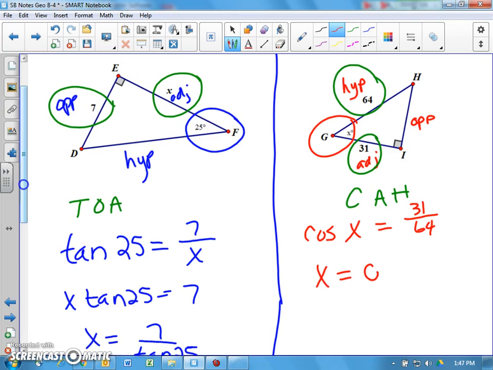All right, hopefully you have that x would be the inverse cosine of 31/64. And so when you type that into your calculator, you get 61.028. Since we found an angle measure, always make sure that you put the degree measure here.